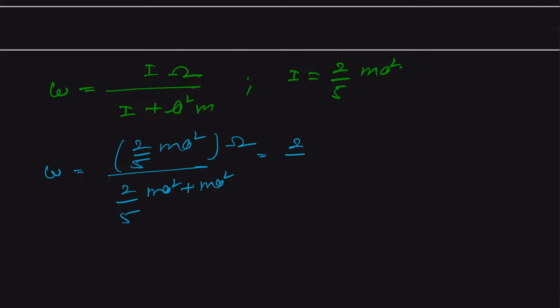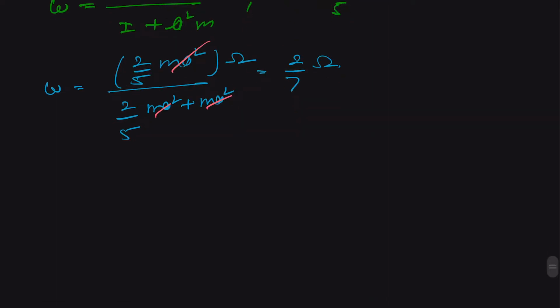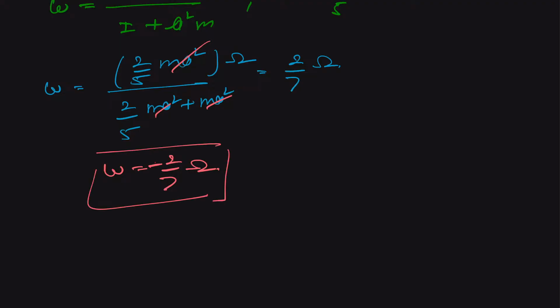So we can say this comes as 2 by 7, m a square we can take as common, so this will be cancelling out throughout. So this comes at 2 by 7 times omega, which was asked from us, and here the sign is positive, which means it's the same direction.